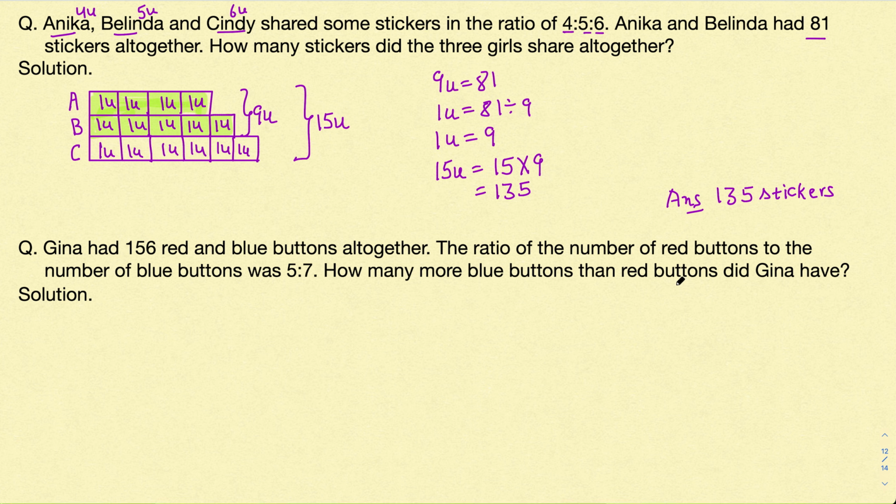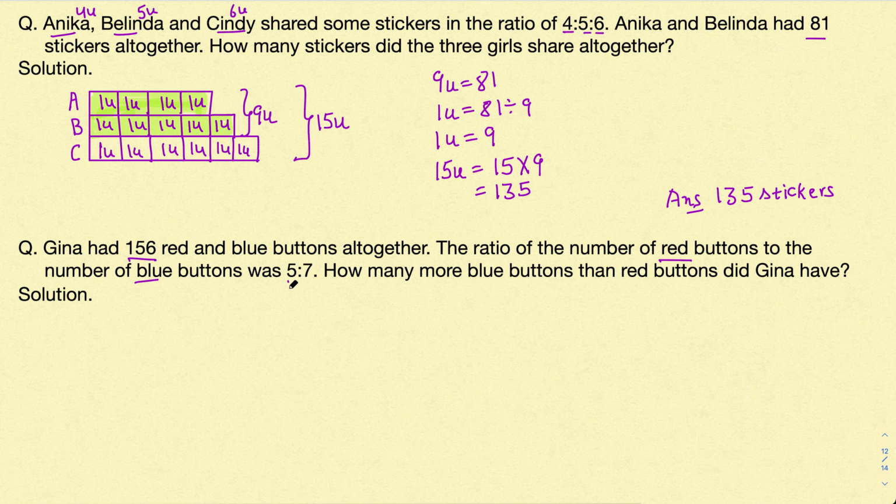Okay, so what we have here is there is a girl Gina, and I think she likes collecting buttons, and she has in total 156 red and blue buttons. That is all together. Okay, all together red and blue buttons are 156. And then what's the ratio of the red buttons to the blue buttons? It is 5:7.